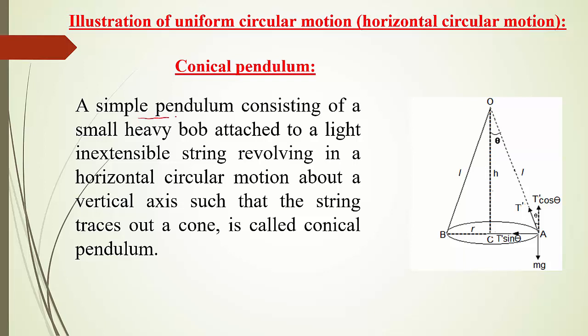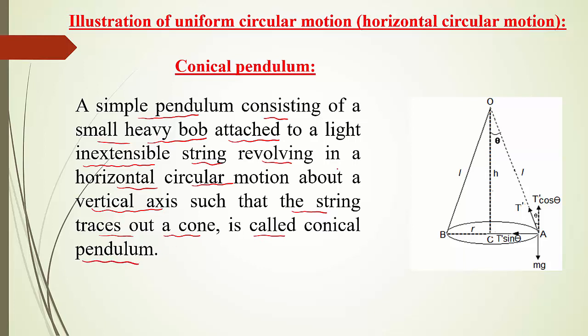Yes, a simple pendulum consisting of a small heavy bob attached to a light inextensible string, revolving in a horizontal circular motion about the vertical axis, such that the string traces out a cone, is called a conical pendulum.